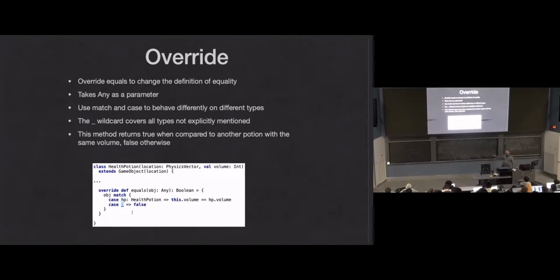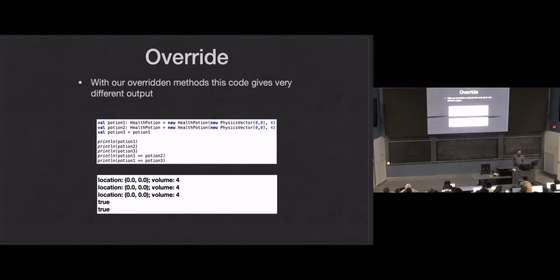For ScalaTest, we imported ScalaTest underscore to import everything from the library. This is going to say anything else. If it didn't match any previous cases, which is only one, which is health potion. So if it's not a health potion, just return false. I don't want people comparing a health potion and an int. It doesn't make sense to me, so I'm just going to return false. Those are not equal. So just return false.